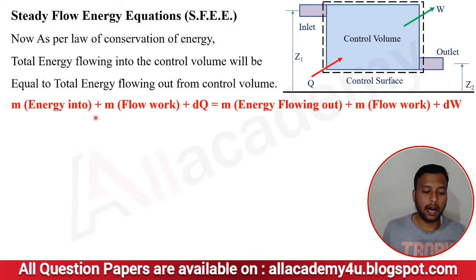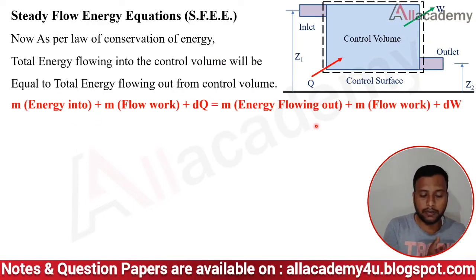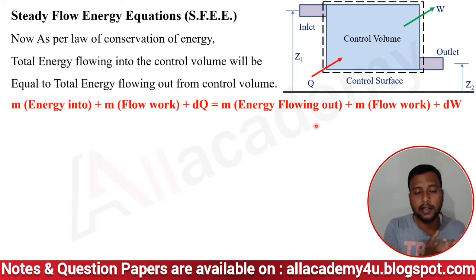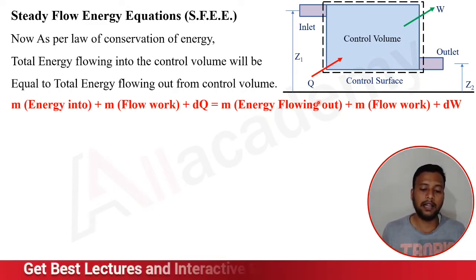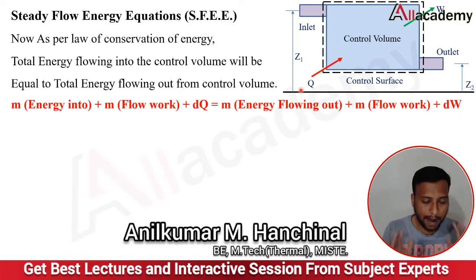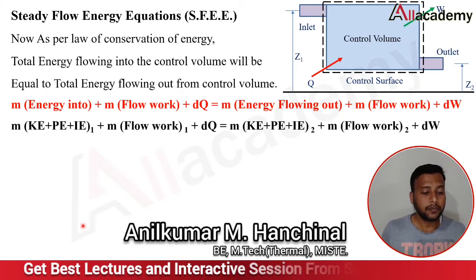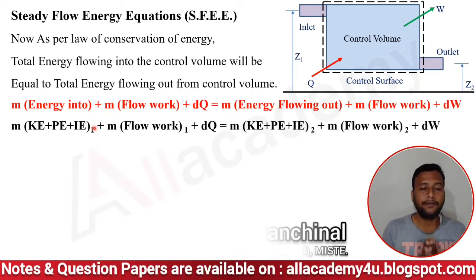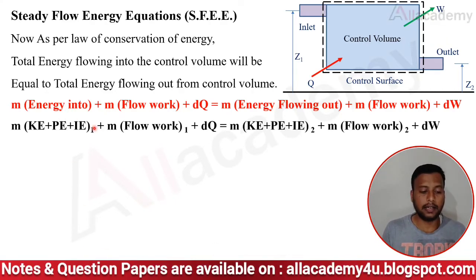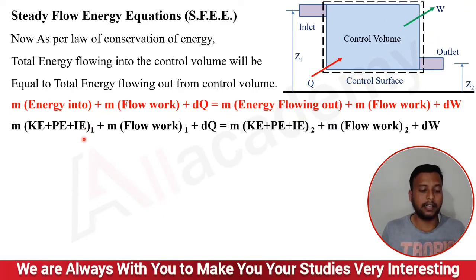So RHS is equal to LHS, meaning whatever energy the fluid carries at the inlet section has to be the same at the outlet section. That has to be balanced based on the law of conservation of energy. Now the energy flowing in will be considered as kinetic energy, potential energy and internal energy. So I have taken 1 here, which shows the inlet condition.